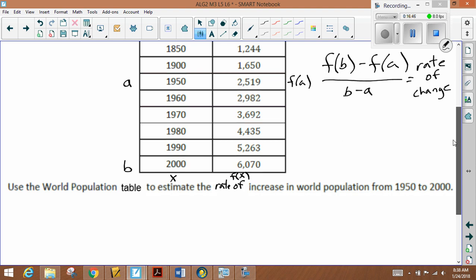So then it would make sense that if this is A, then this corresponding value is f of A. And if that's B, this is f of B. So this is like our y1. This one's like our y2, and this one would be like our x1, and this one would be like our x2. So then I can plug that into my handy dandy rate of change formula.